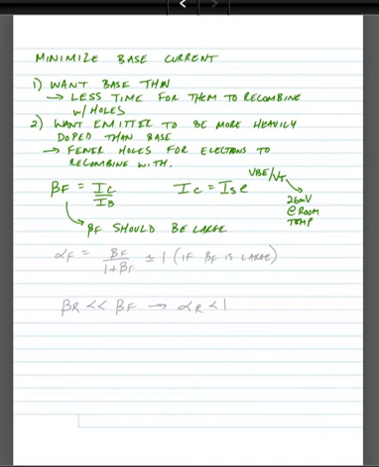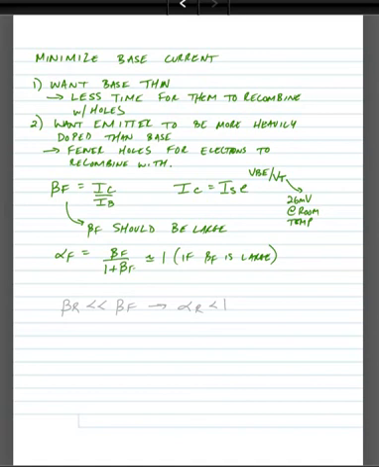Sometimes we define a second parameter called alpha forward, which is just equal to beta f divided by 1 plus beta f. And you can see that if beta f is large, this is approximately equal to 1. Now, one thing that we've mentioned is that the collector is not the same as the emitter.